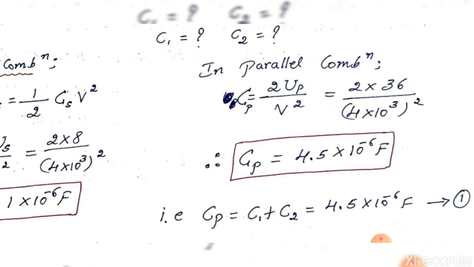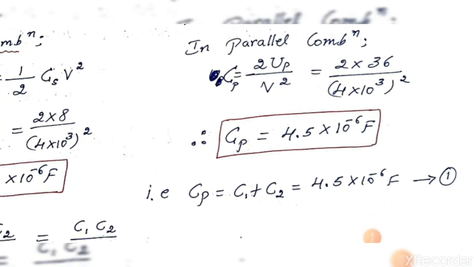After substitution, you will get the CP value 4.5 into 10 power minus 6. Understood? But the CP formula is C1 plus C2, because in parallel the effective capacitance we solved in a derivation, the CP is nothing but C1 plus C2. So it is 4.5 into 10 power minus 6 farad. Call it equation 1.